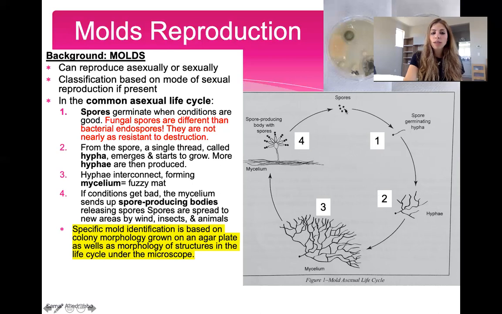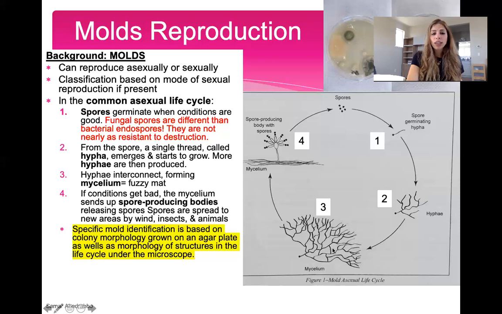Then the spores will form single threads called hypha, and the hypha starts to grow. Here's your spore, then it starts forming hypha, and then you get more hypha, and we call that hyphae. When the hyphae interconnect and there's a lot of them, you form mycelium, which is a fuzzy mat. This is typically what you see on your food.